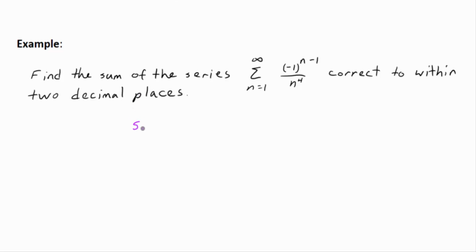Our estimate is Sn, and we want that difference to be less than 0.01. Then the first 2 digits will be correct, up to rounding error, I suppose. Okay, so that's what we want.